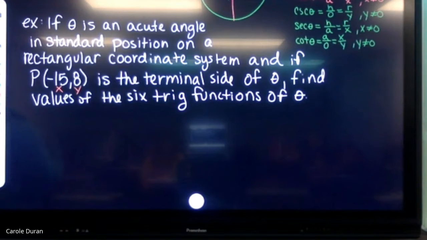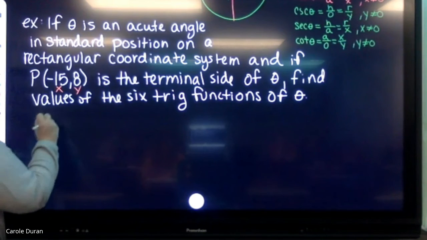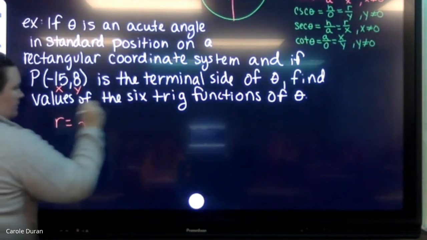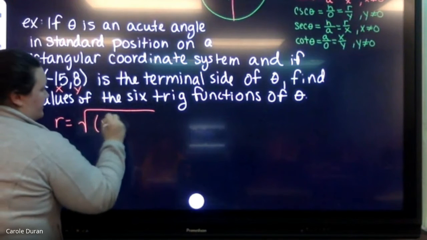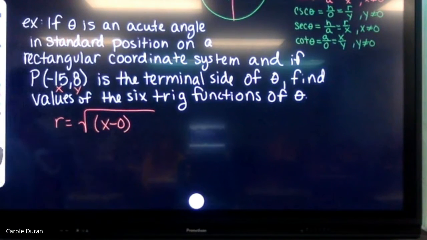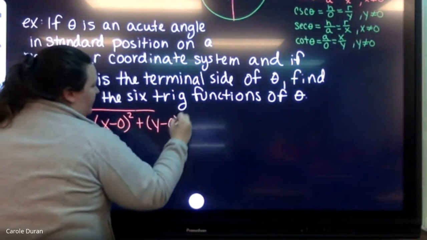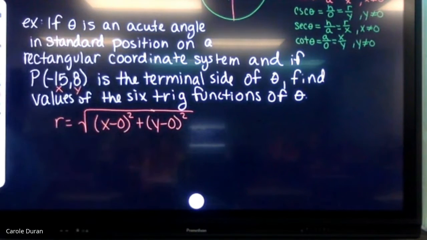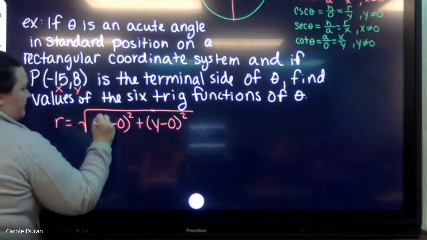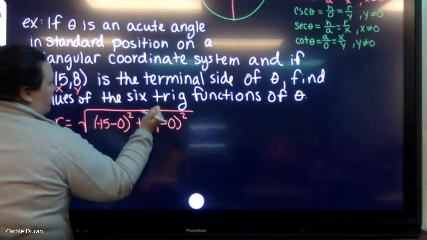Very, very close. It would be, we do x minus 0 because we're assuming 0 is the center of my circle, squared, plus y minus 0 squared. So you had plus where it should have been minus. And then we fill in the x and the y that we have. My x value was negative 15, and my y value was 8.